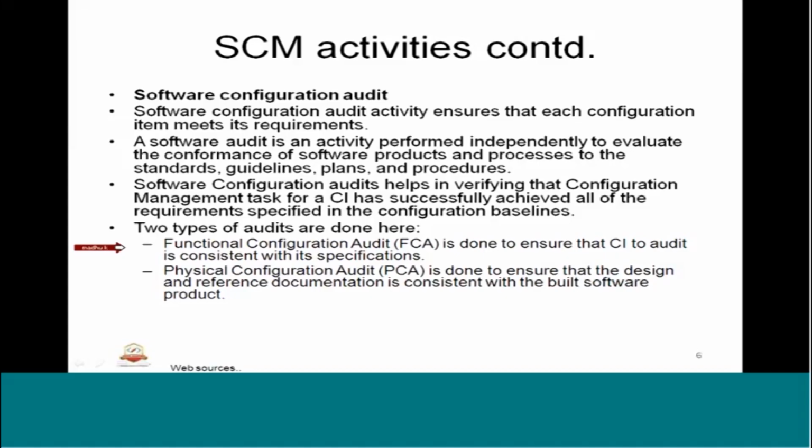Basically, we verify that the software functions and its performance really comply with the requirements, and that the impact of any deviation is analyzed and controlled. All this functionality, in terms of how configuration is performed, will be checked with the help of the functional configuration audit.